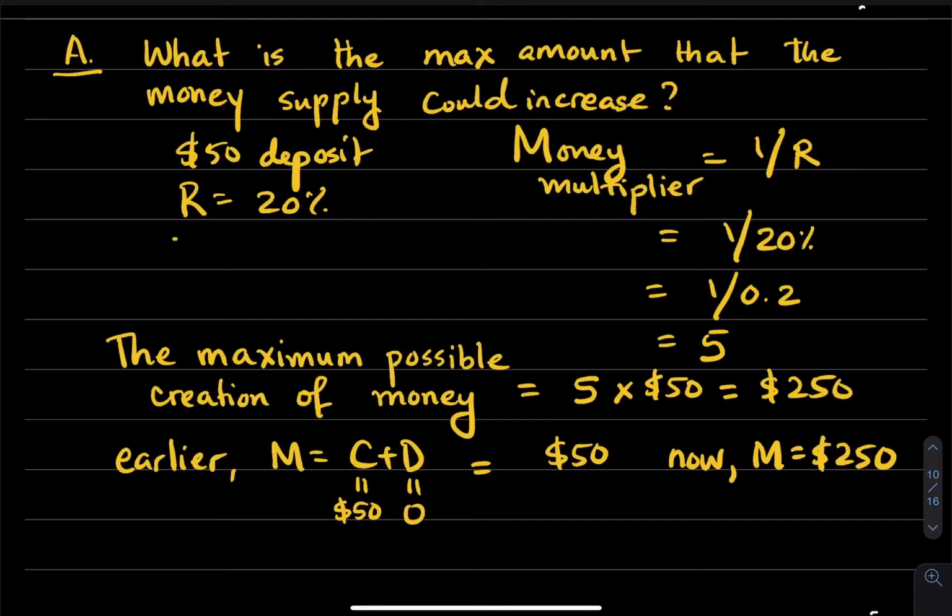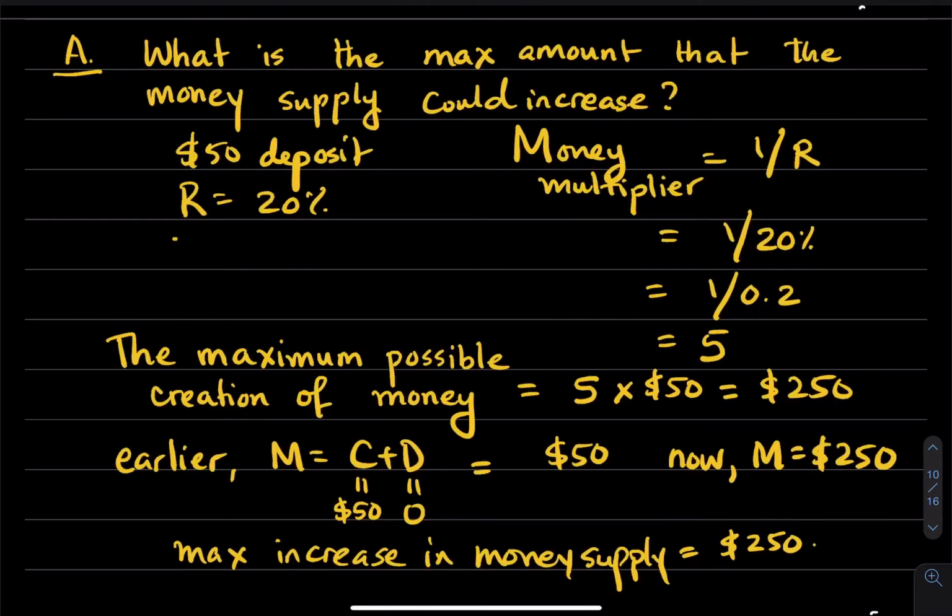So the max increase in money supply would be equal to the difference between the two, which is 250 minus 50, which is equal to $200. So that's the answer to part A.